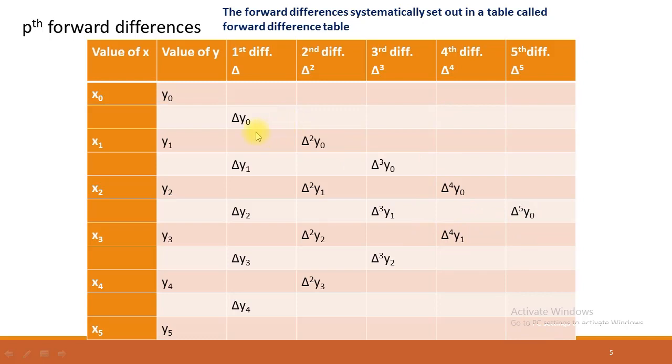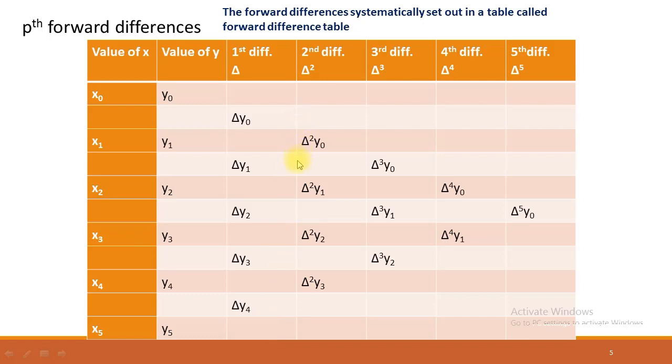For the first differences column, subtract y naught from y1, we get delta y naught. Subtract y1 from y2, we get delta y1. Subtract y2 from y3, we get delta y2, and then subtract y3 from y4, we get delta y3, and y4 from y5, we get delta y4.